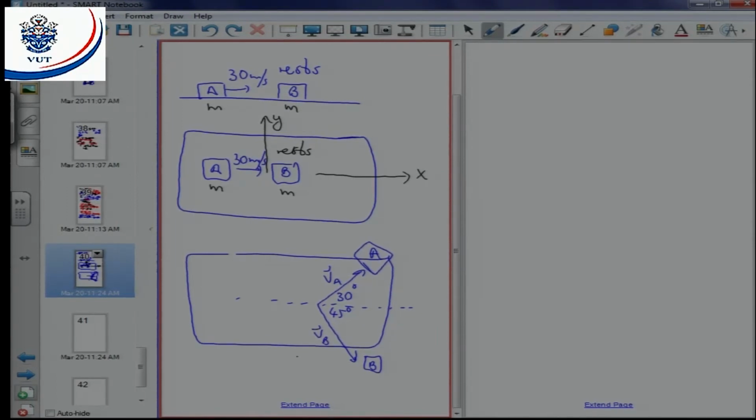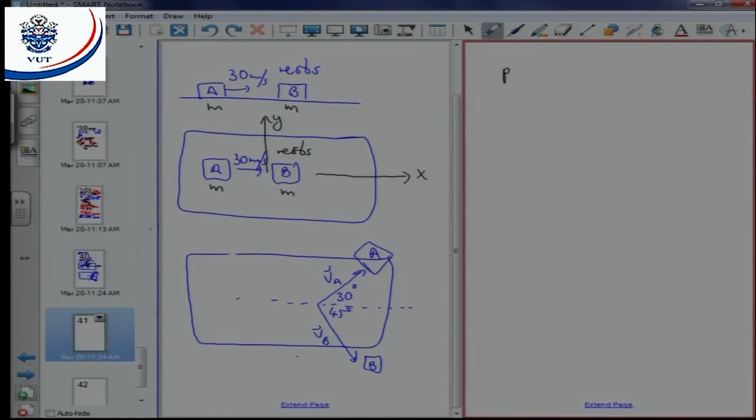Okay, so how do we solve this problem? We are going to use conservation of momentum in 2 dimensions. So let's start. Momentum before equals momentum after. We start with the y direction because it's easier.